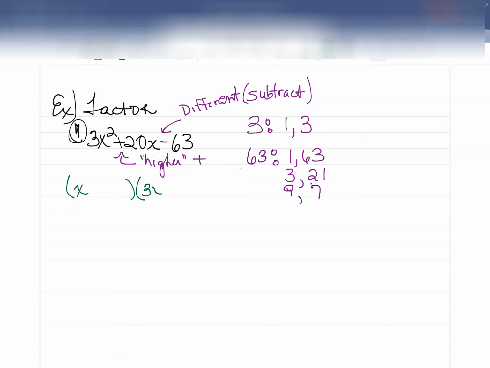A 3x gets written up front. What I'm then going to do is pick a factor to work with, just to show you how it works. I'm going to pick 1 and 63. I'm going to put the 1 up front, 63 in the back. And then I'm going to play around with those middle pieces, the O and the I from the FOIL.